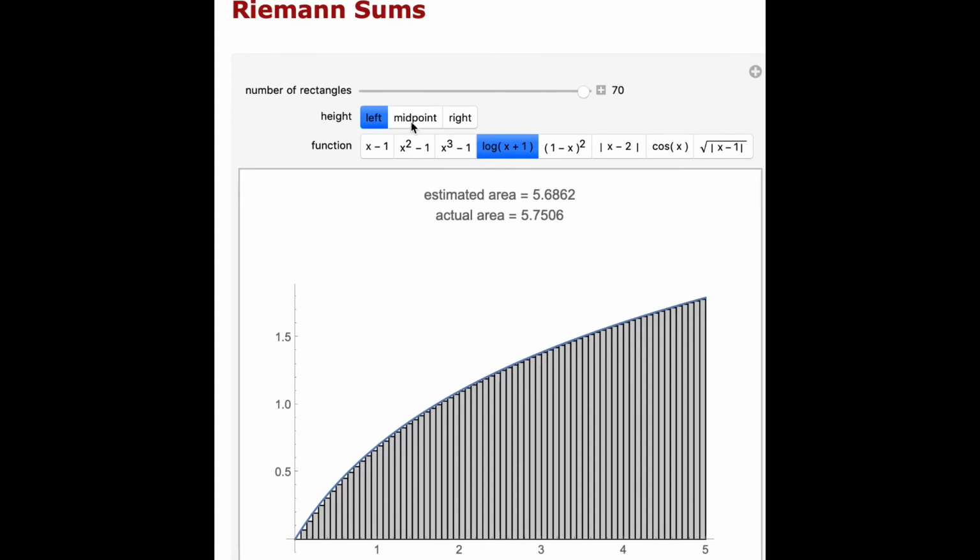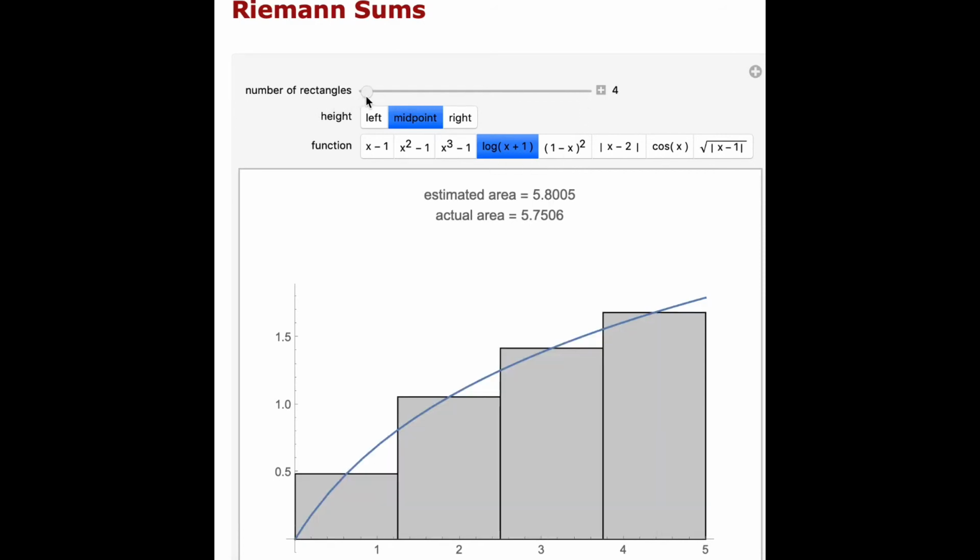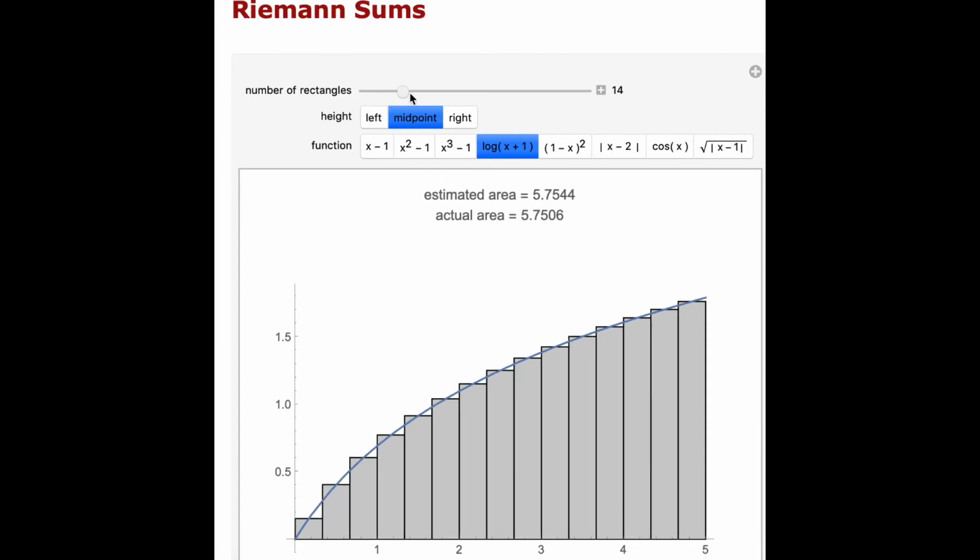So let's look at this if we were doing the same thing for the midpoint. When I look at the midpoint, I start off with 5.80 versus 5.75 actual. So there's a bit of overestimation here. Let's add a few more rectangles.